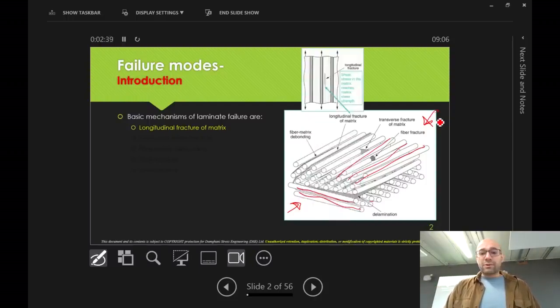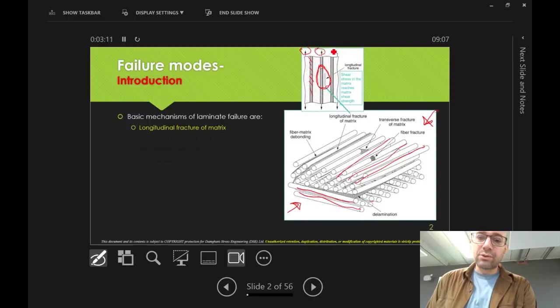If you look at longitudinal fracture of the matrix, the loading direction, the fiber direction, and the way the crack takes place within the matrix, this is often associated with the fact that shear stress in the matrix reaches the maximum shear strength of the matrix. So you've got shear stress in the matrix as a result of external loading, and once these stresses exceed the strength of the matrix, it cracks.